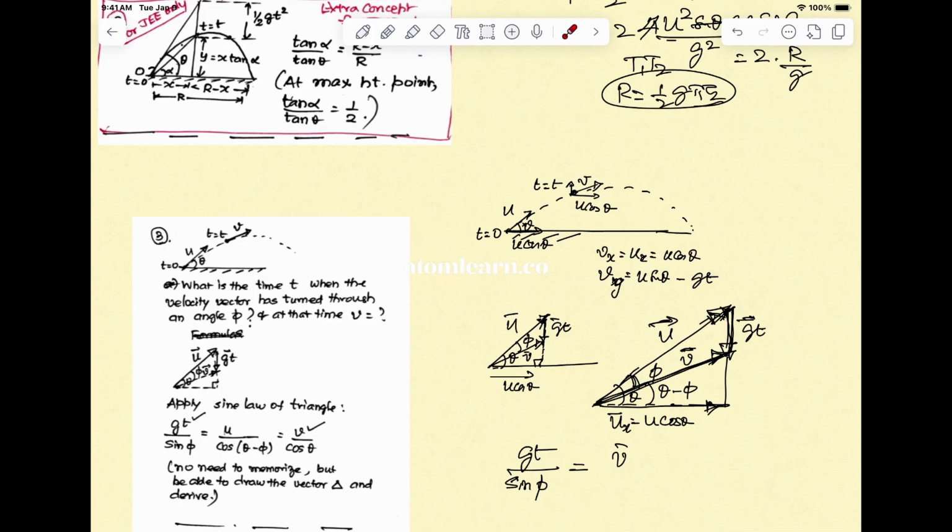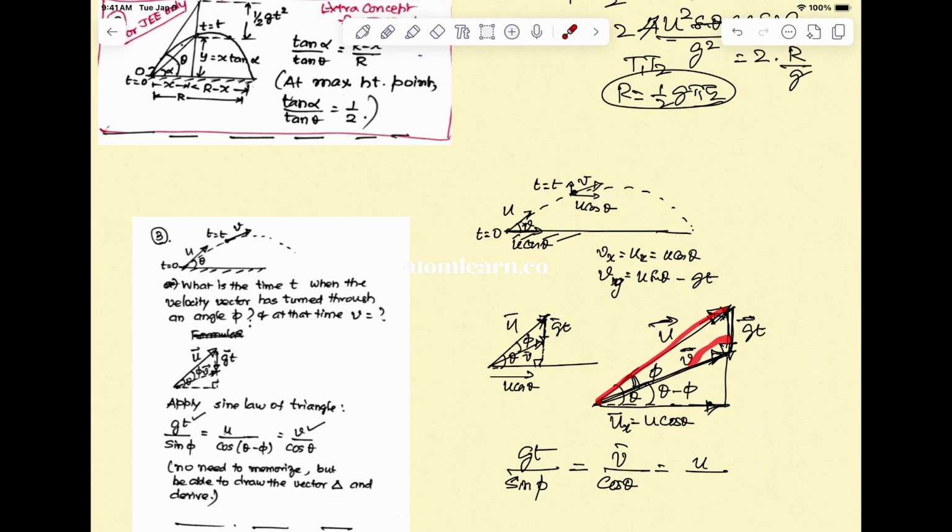So we write the sine of 90 minus theta, which is nothing but cos theta, is equal to the third side, the initial velocity vector u, divided by the sine of its opposite angle. What is this angle?